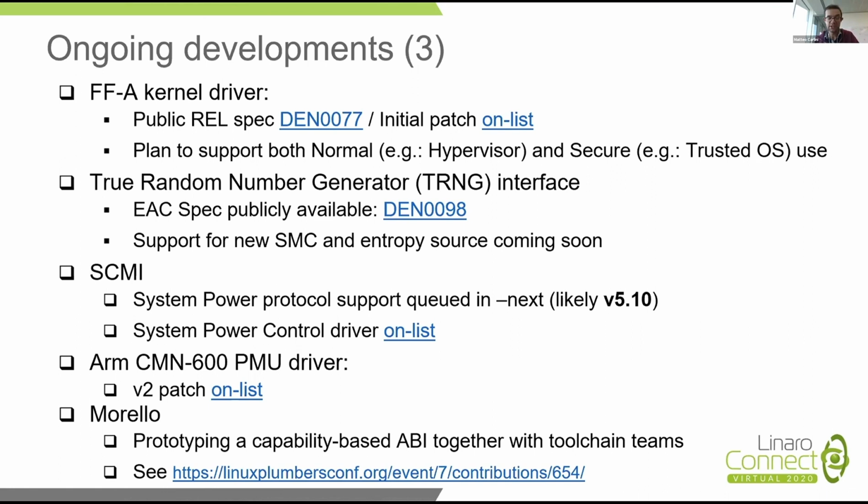And this is going to be a very intrusive enablement. It's a joint collaboration between various teams in ARM and Linaro, toolchain teams, user space, Android teams, and so on. There is a brilliant Linux Plumbers presentation, which I pointed to here, which describes the capability-based ABI developed as part of the Morello project. So I encourage you to go and look at that if you're interested.